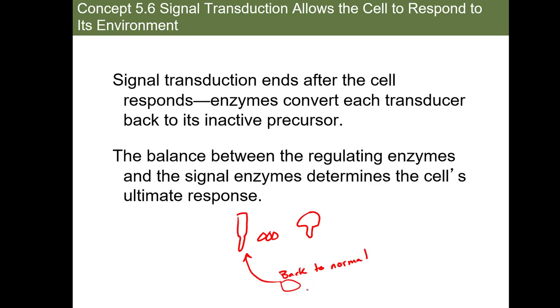This is usually an end product of the original cascade. So in this case, if blood glucose gets too high, it inactivates the epinephrine receptors.